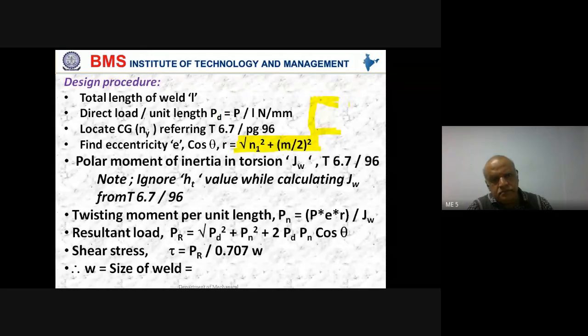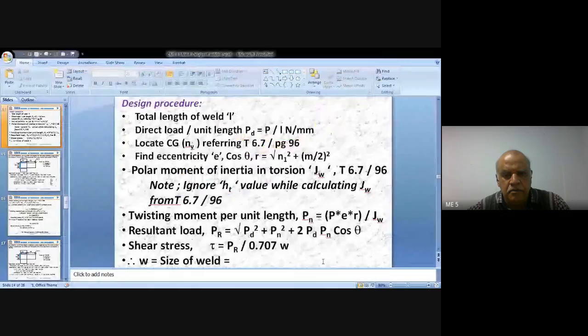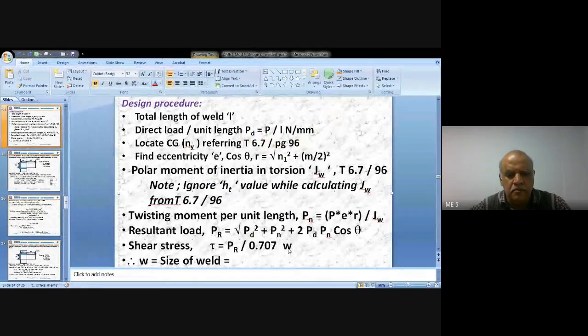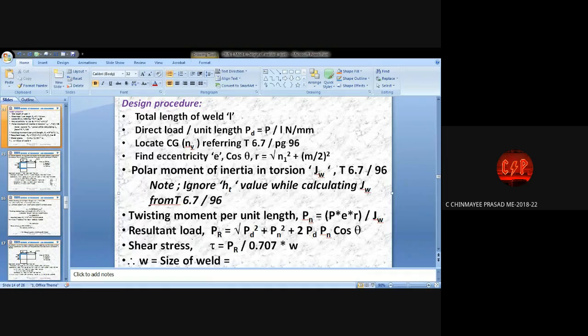Finished? Did you finish? So for other welds, from which table should we take?